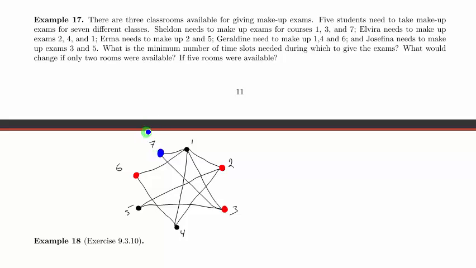So I'm going to have to use blue on that one. And then down here with 4, because we have 1 and 4 connected, and 4 is also connected to 2, and 1 is connected to 2, we have that cycle of 3 vertices. I'm going to need a 3rd color there for that. So this tells us that we're going to need 3 different exam times.